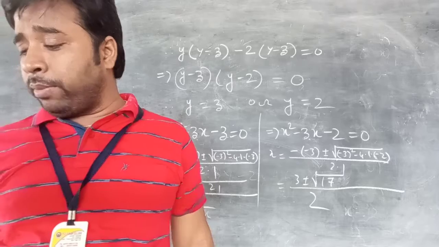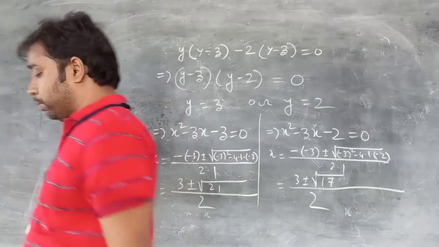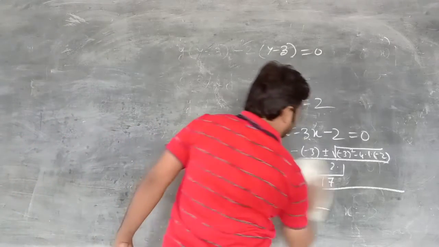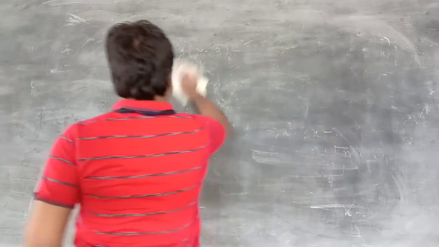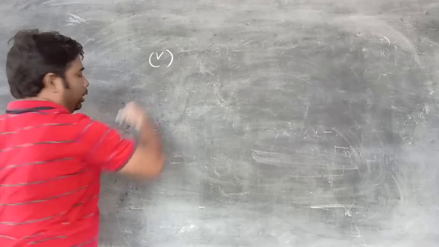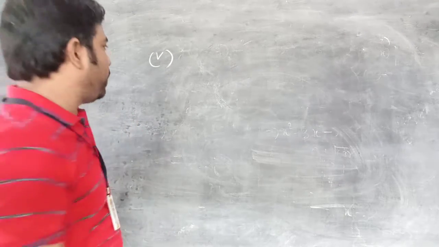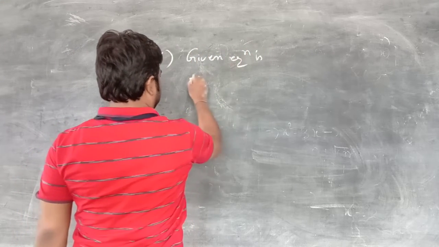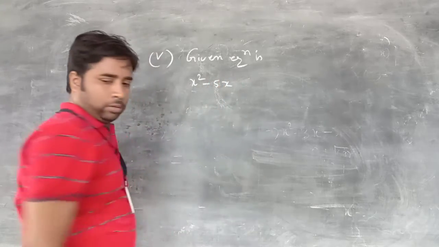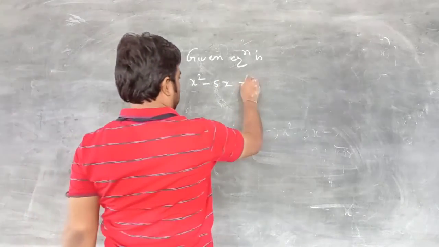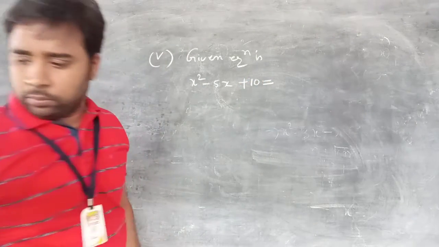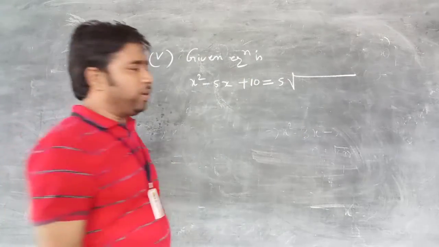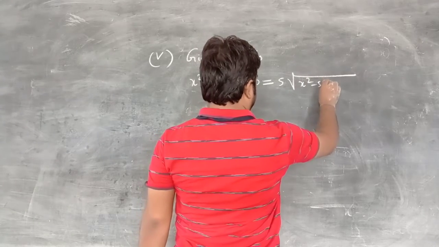Next, question number 5. Question number 5 is x square minus 5x plus 10 equal to 5 root over x square minus 5x plus 4.